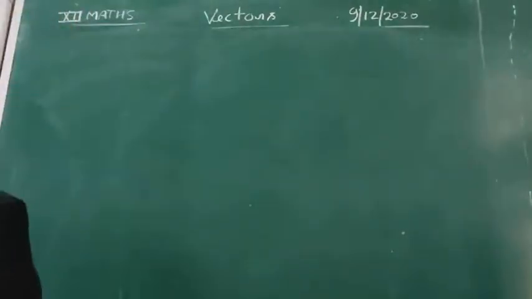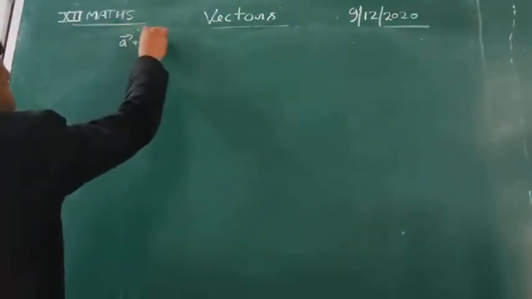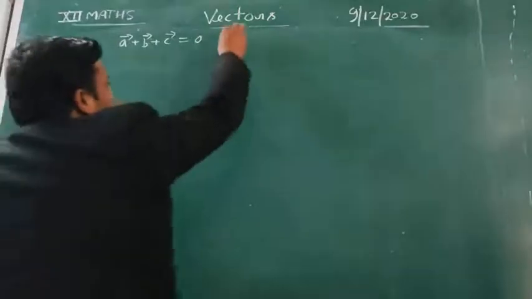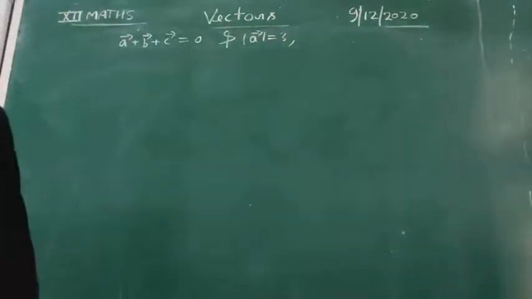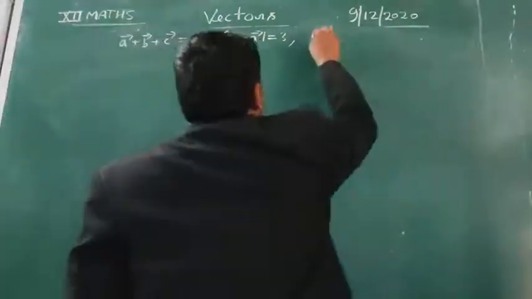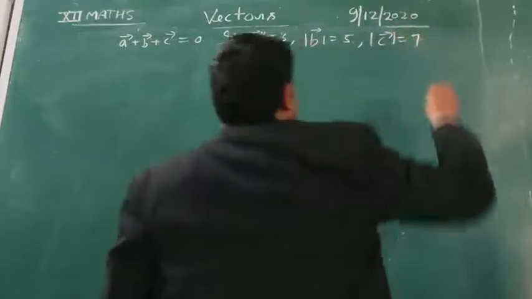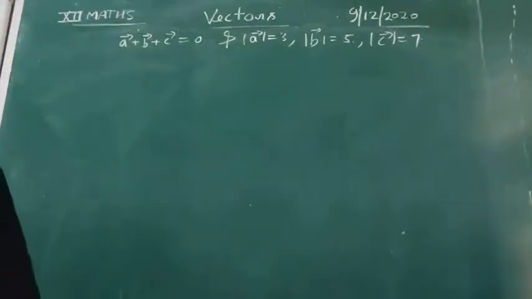The next question is: if A vector plus B vector plus C vector is equal to 0, and modulus of A vector is 3, modulus of B vector is 5, and modulus of C vector is 7, then show that the angle between them is 60 degrees.